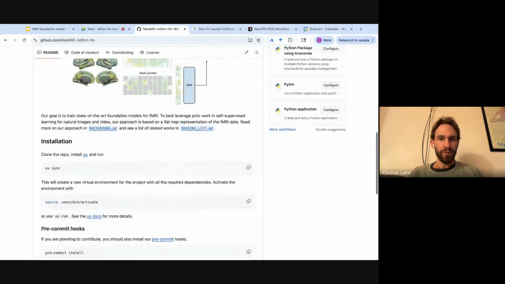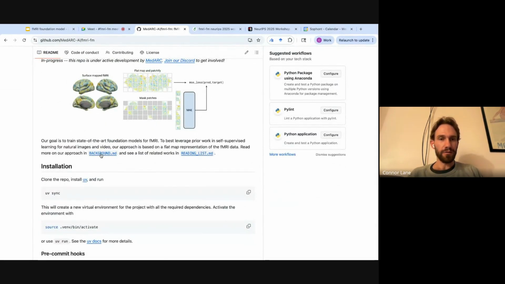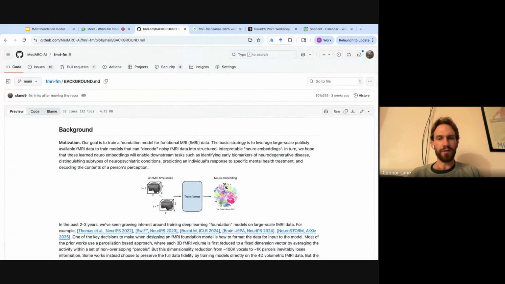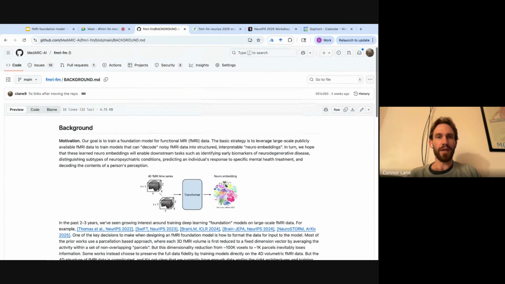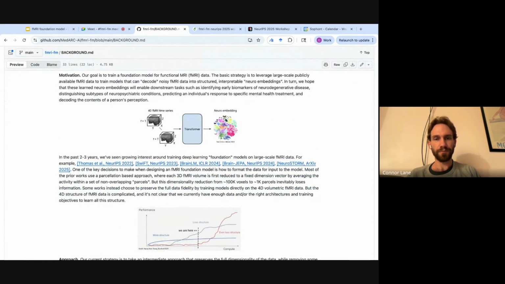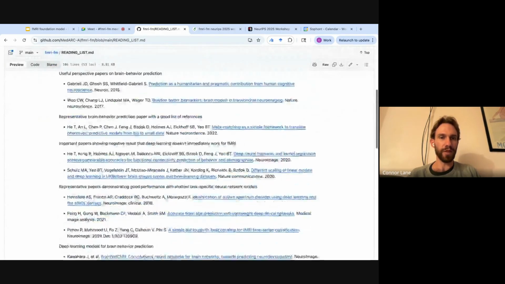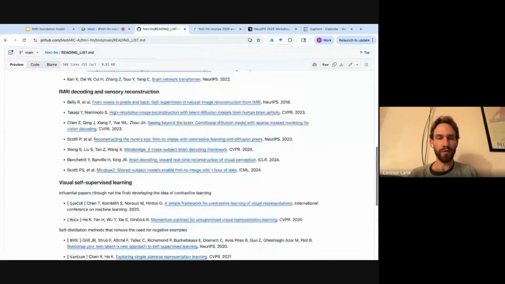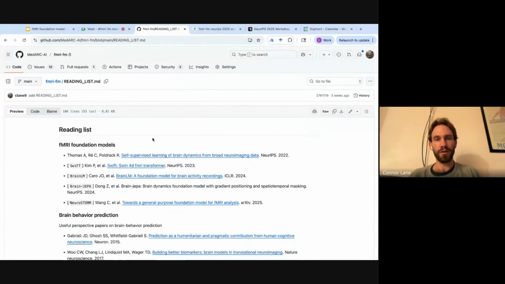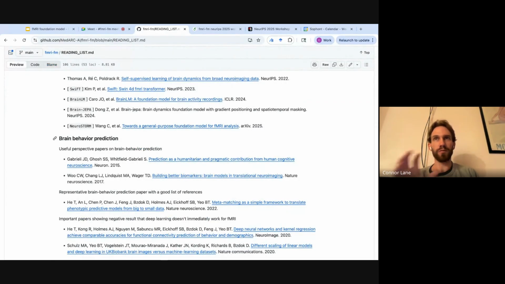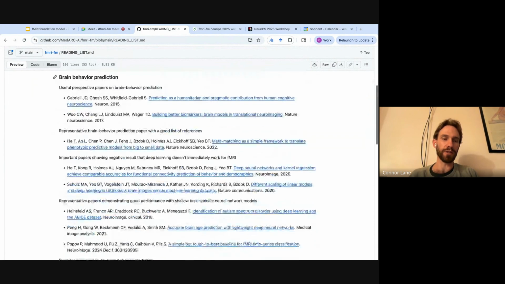The README is hopefully pretty straightforward. There's a link to some background, which is kind of just the story I just gave in the talk written up. And there are some links to relevant papers there. There's a reading list with lots of relevant papers that you could go through, covering closely related fMRI foundation model work, as well as important work in brain behavior prediction with more classic shallow approaches.